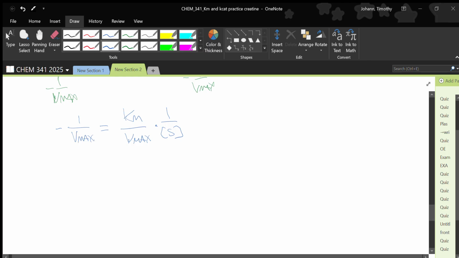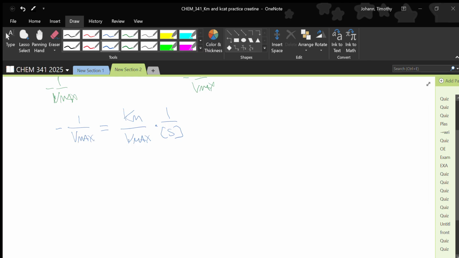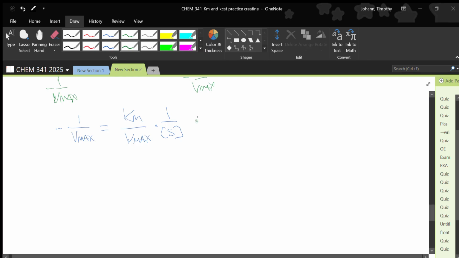Multiply by Vmax. If I multiply both sides by Vmax, since I have Vmax on the bottom on both sides, both Vmaxes are going to go away. And I've got -1 is equal to Km times 1 over substrate concentration.